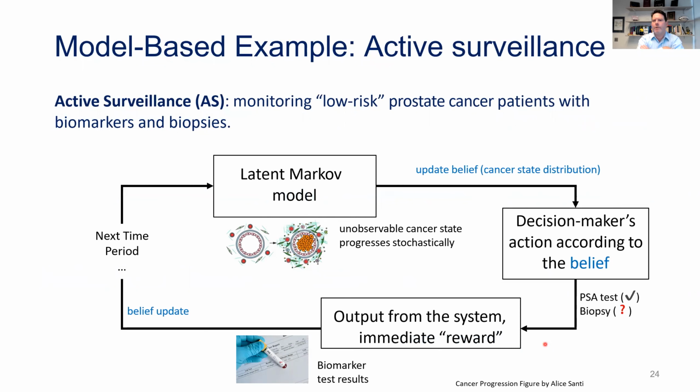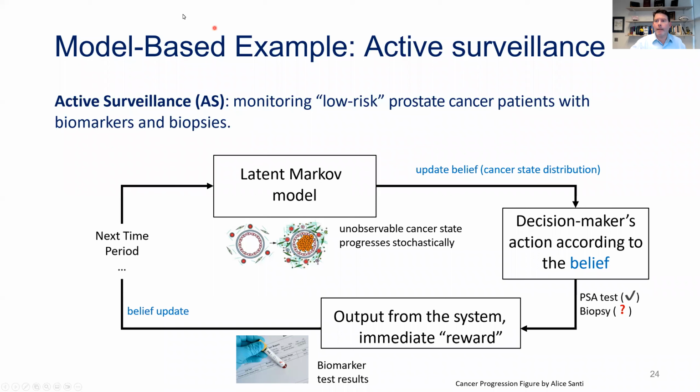So one of the examples I'll give you is around prostate cancer and active surveillance of prostate cancer. This is an area I've done lots of work in. Again, reflecting my bias, I'm using examples from my own research, but the idea here is that we have this sequential process. We have a latent Markov model, or a hidden Markov model, if you like.